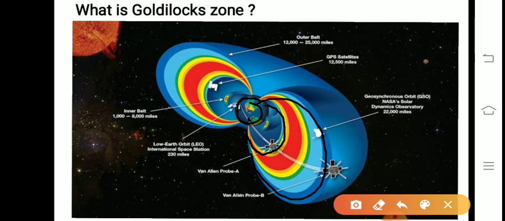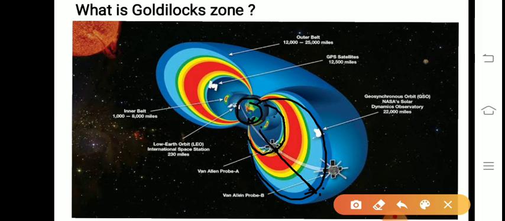From the Earth's surface at a height of 500 kilometers up to a height of 58,000 kilometers, this belt exists in a double layer. The inner Van Allen belt lies at a height of about 500 kilometers from the surface of Earth, while the outer Van Allen belt lies at a distance of 58,000 kilometers from the Earth's surface.